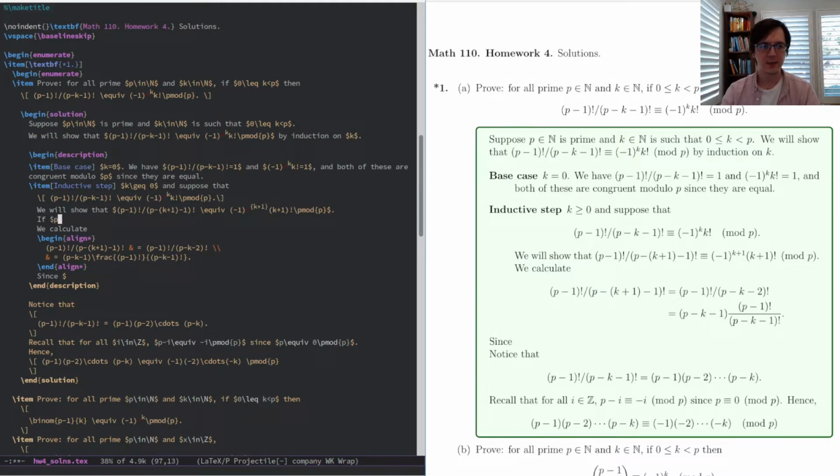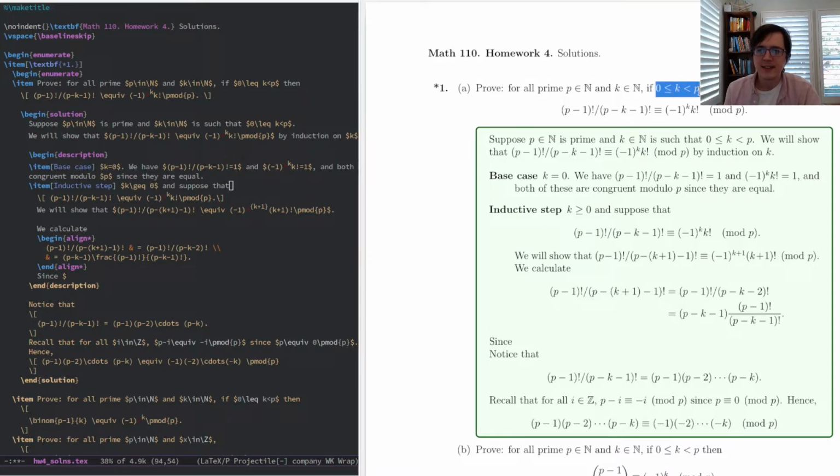So if k equals p, right, well, if k is p minus 1, how do I say this right? Oh, right.